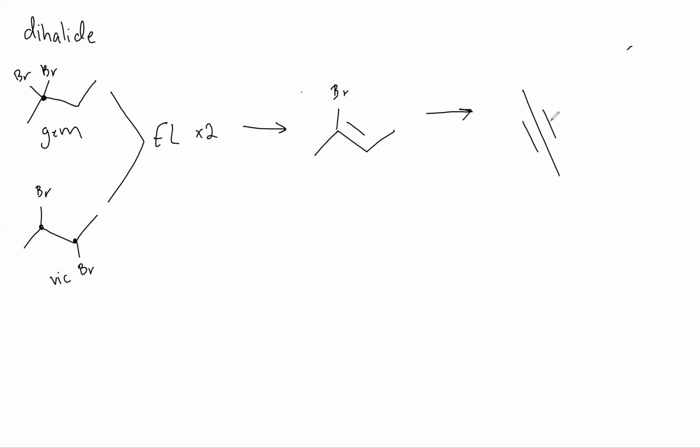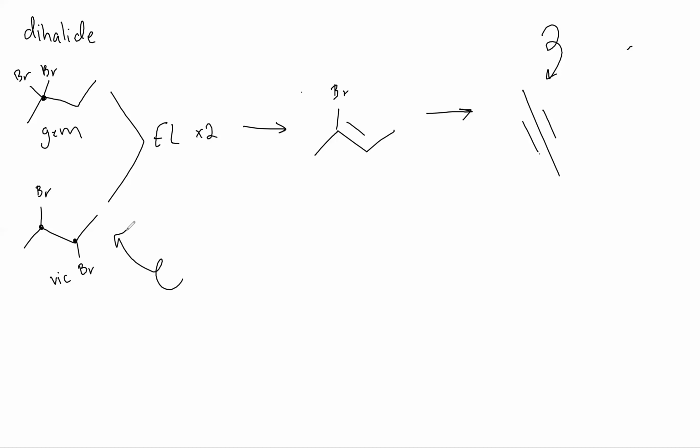Again, a reminder, alkynes are anything with a carbon-carbon triple bond, and the reason we draw it like this is because the carbons on either side of the triple bond are linear. So we want to reflect that in our drawing, okay? All right. So that's how we generally make a triple bond here. And one thing that you should be thinking about right now is, well, how do I make these dihalides?